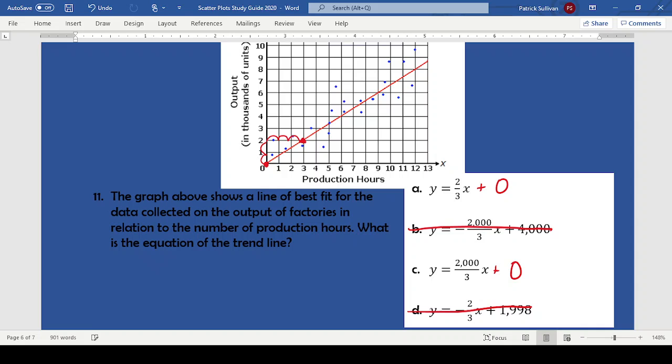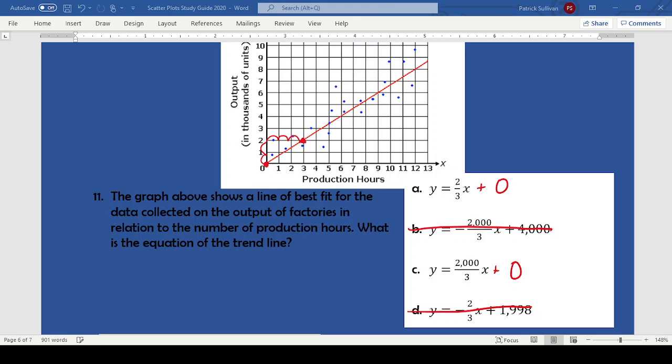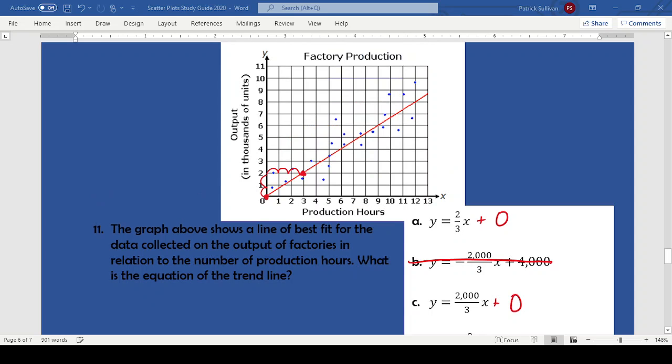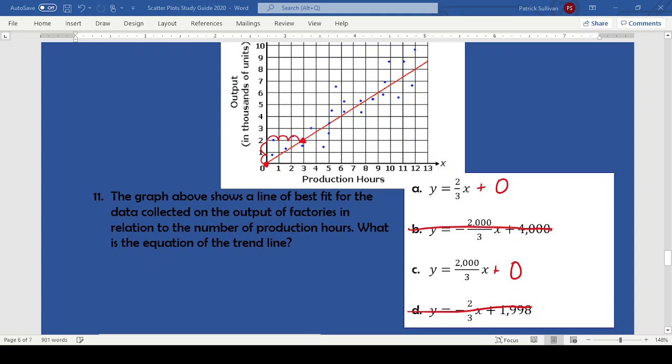So in trying to recognize this in context of what the problem is asking, the general idea here is that we want to look at the y-axis, which is saying output in thousands of units. So this isn't 1 unit, this isn't 2 units, this is 1,000 units, this is 2,000 units.